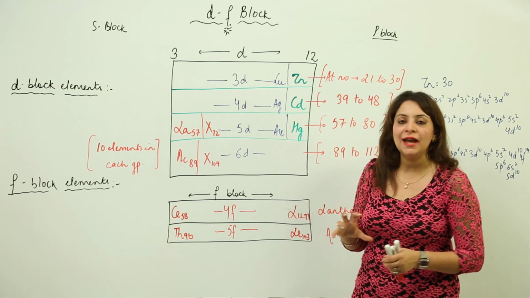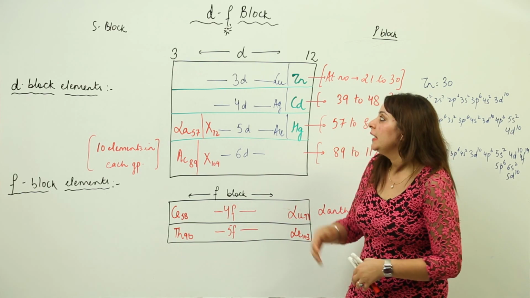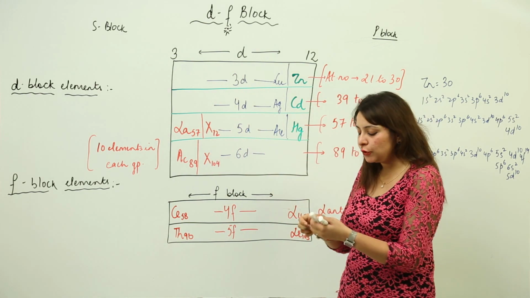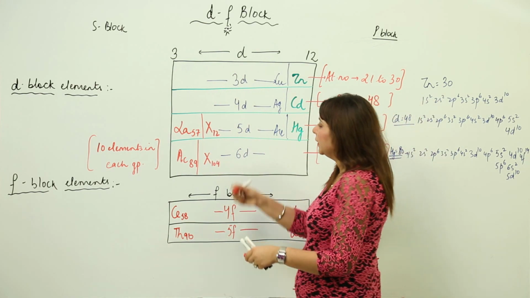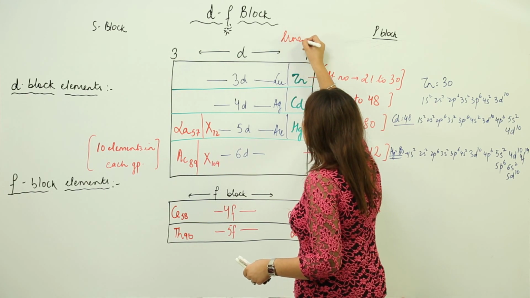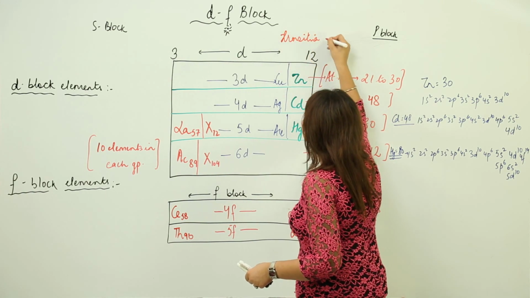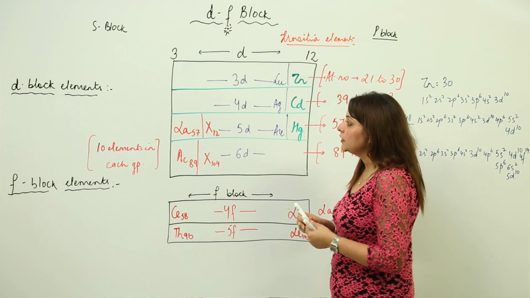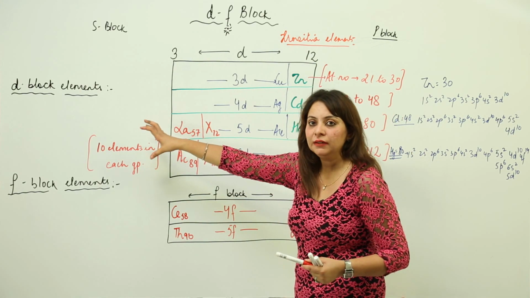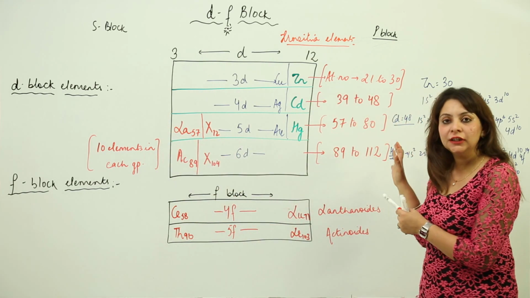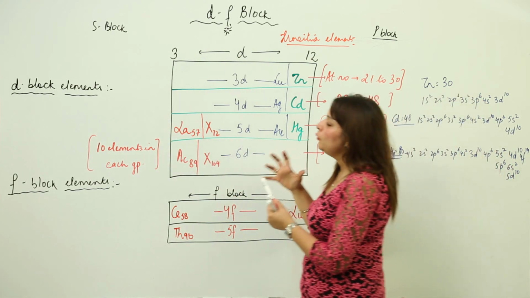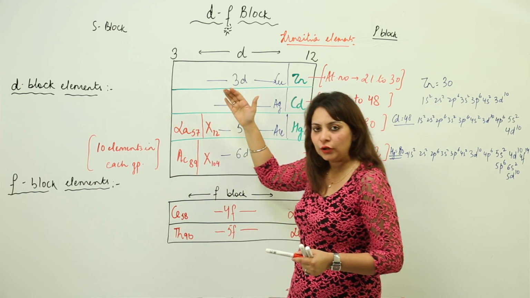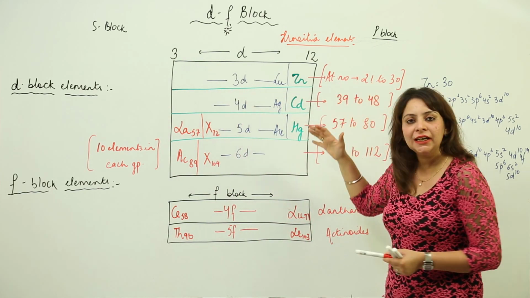We also have specific names. The D orbital elements are called transition elements. The reason behind this name is that here we have typical metals, and here we have typical non-metals. When we move from metals to non-metals, the metallic character is decreasing and the non-metallic character is increasing.